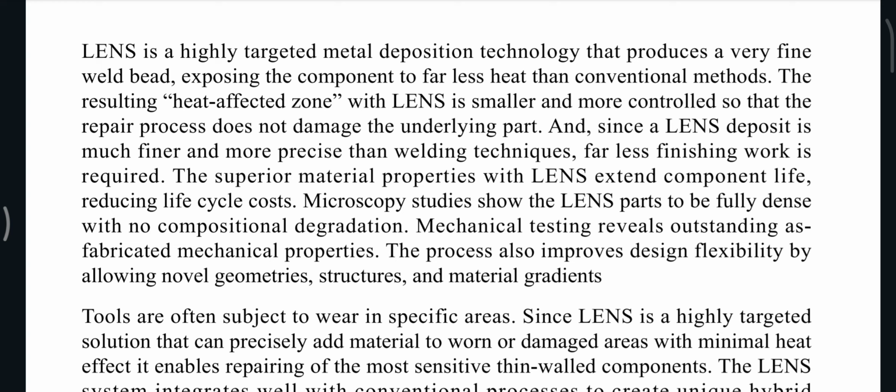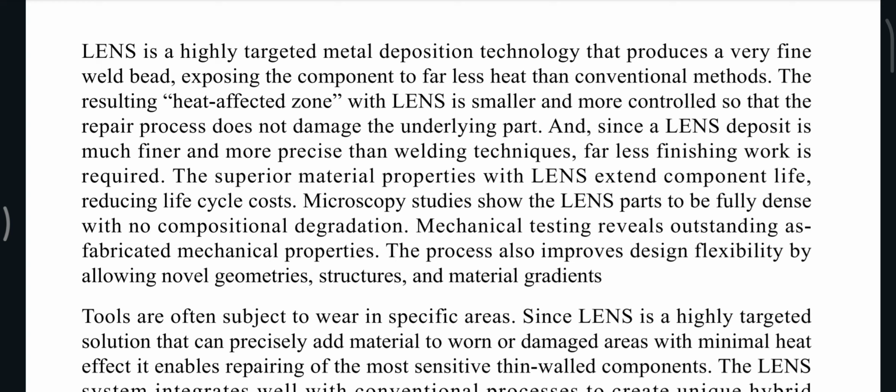LENS is a highly targeted metal deposition technology that produces a very fine weld bead, exposing the component to far less heat than conventional methods. The resulting heat affected zone with LENS is smaller and more controlled, so that the repair process does not damage the underlying part.